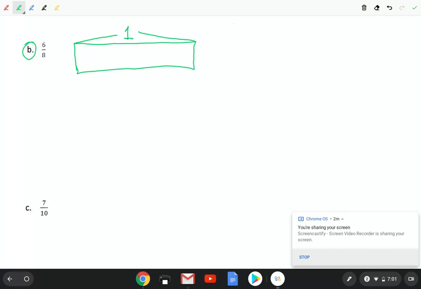Now, I will need to decompose this one whole into how many units? Well, if I need to know how many units should go inside the one whole, I look at the denominator. In this case, the denominator is 8, which means I need 8 units or 8 boxes inside one whole. And if I need 8 units, then I need 7 lines.